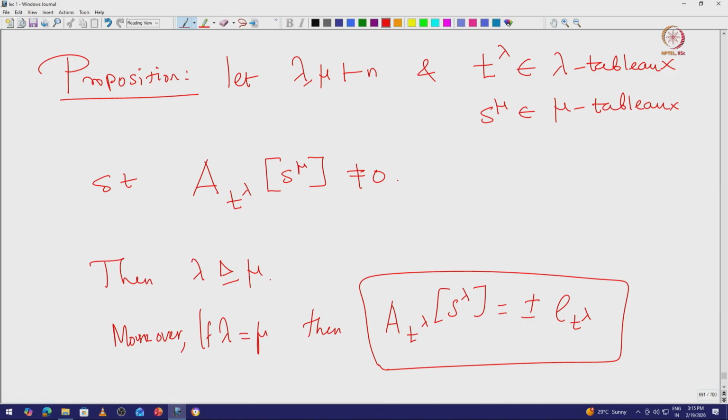This is a very crucial proposition, which is used to prove the irreducibility of S lambda, and this proposition comes from the earlier dominance lemma that we proved. Okay. Maybe I will do the proof of this in the next lecture, and then using this we will conclude that the S lambdas are indeed irreducible. Okay, I will stop here. Yeah, thanks.